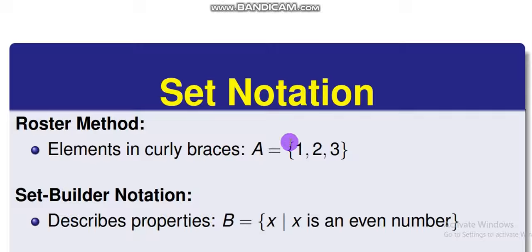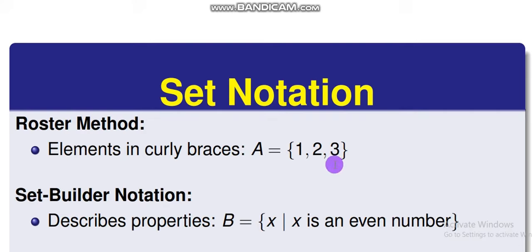This is the general name for the set. We can call this set A, and set A has these elements. Every material inside the set is called an element. So this set has 3 elements. 1 is an element, 2 is an element, 3 is an element, and they are all enclosed in curly brackets.